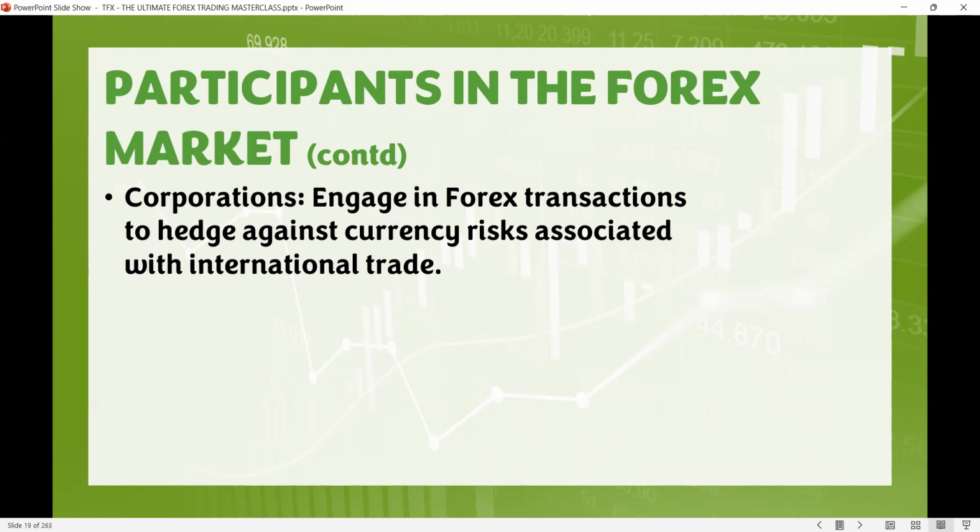Even with small businesses, we see what is happening with the foreign exchange rates, that CBN had to come up with different monetary policies between last year and now to ease business transactions, especially for those transacting in foreign currencies. So big corporations also participate.